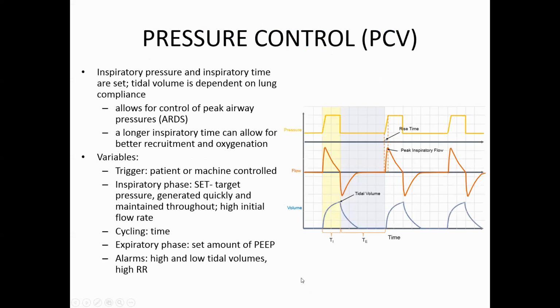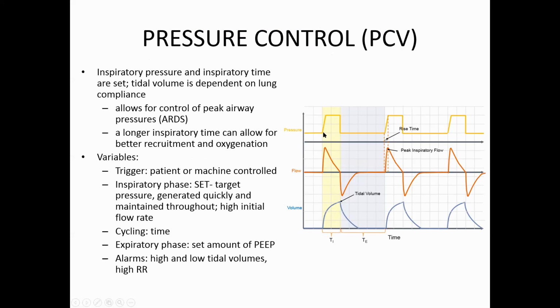That's fine. Now, in pressure control ventilation, the dependent variable is going to be the volume. So if the compliance of the respiratory system drops for the same pressure that you have, the amount of volume you're going to be getting is much lower.